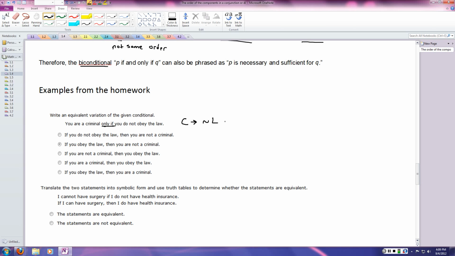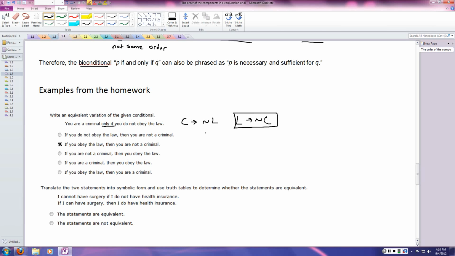But I know that an equivalent variation is going to be if you obey the law, you're not a criminal, because this is the contrapositive of this statement. Because I flip them, I switch the order, and I negate them. So the correct answer: if you obey the law, then you're not a criminal.